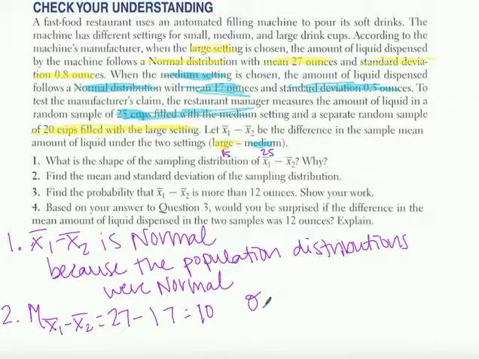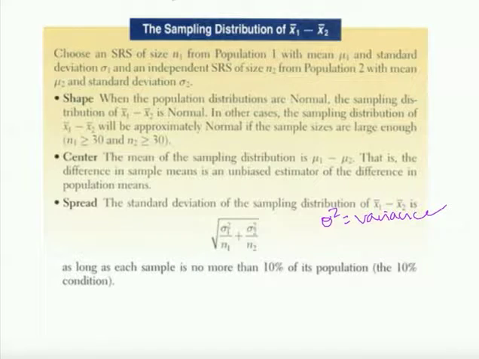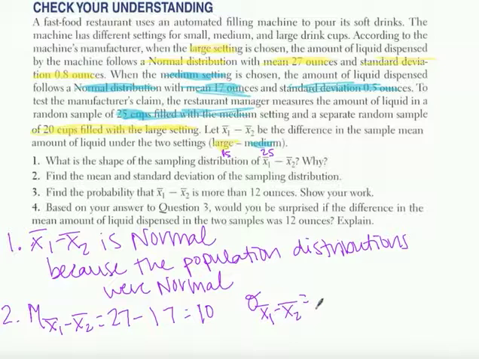All right, now I do my standard deviation for x bar 1 minus x bar 2. Again, refer back to the notes here. I'm doing the square root of the variance over the n1s and the n2s. Remember the variance is just standard deviation squared. So I'm going to do 0.8 squared divided by n1, and n1 is going to be 20 because my ones were my large ones.